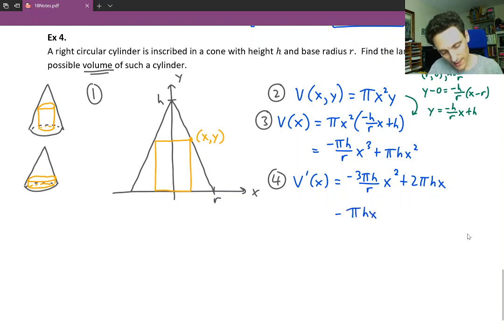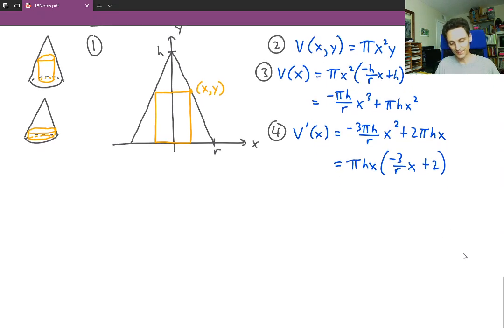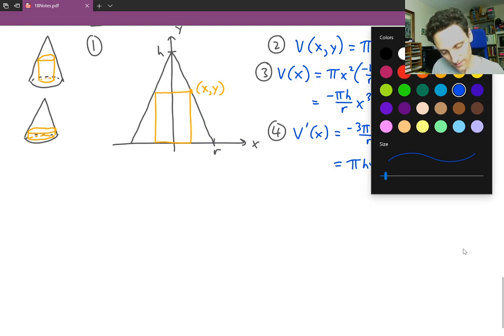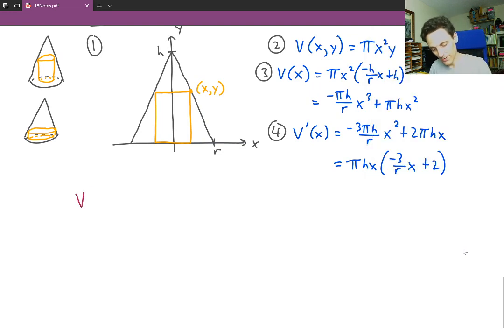There's a common pi h x in each of these. We'll have negative 3 over r x, and then plus 2. Let's figure out where that is equal to 0 and maybe doesn't exist.